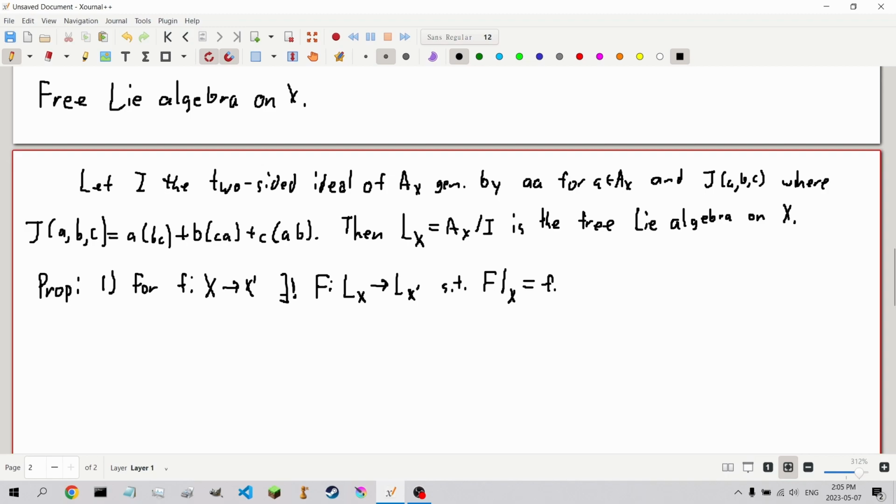Keep in mind that X is X1 inside of MX, and therefore LX and AX, so it's words of length 1. And we see here our two generating elements for our I: AA, which has to have length of at least 2, and JABC, which has to have length of at least 3.